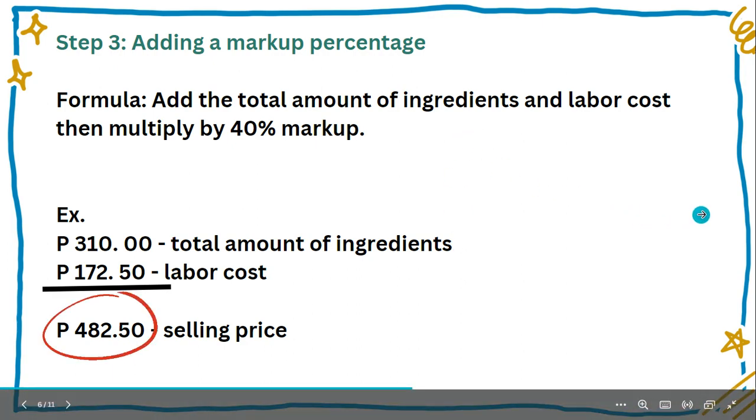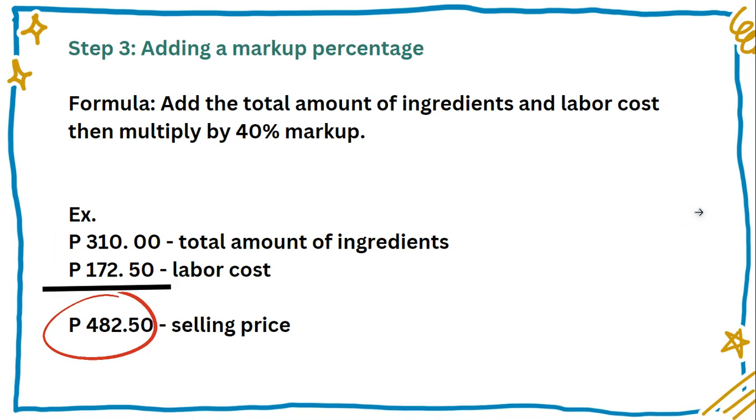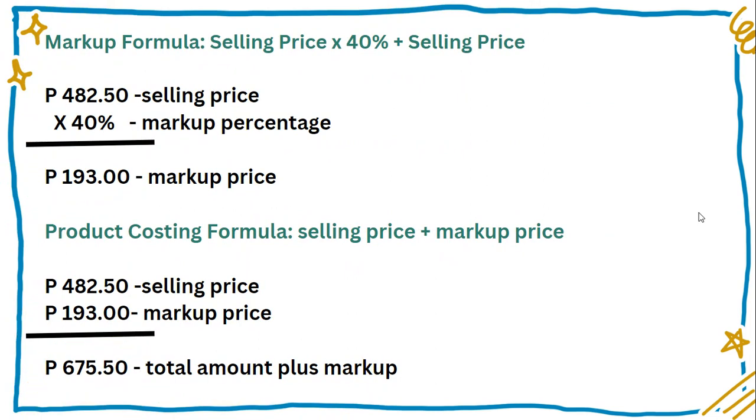That is the selling price. Okay, so the markup formula, selling price multiplied by 40% plus selling price. So for 482 pesos and 50 centavos, multiplied by 40%, that is our markup percentage.